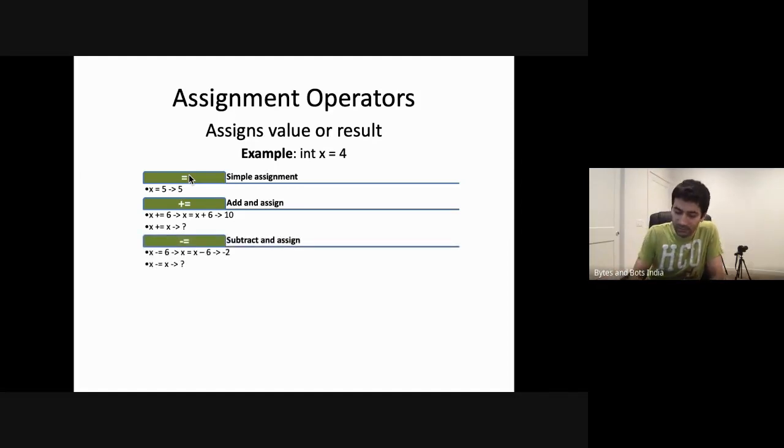All right. So the next one is subtract and assign. Similar to add and assign, there's a shortcut for subtract and assign. X minus equal to 6 would mean x is equal to x minus 6, which makes it 2. So, Edward, do you want to guess the result of x minus equal to x?